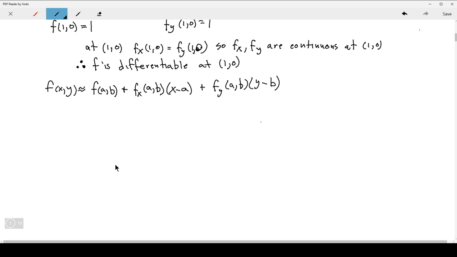Okay, so my linear approximation at 1, 0, all right, is going to be approximately equal to f of 1, 0.